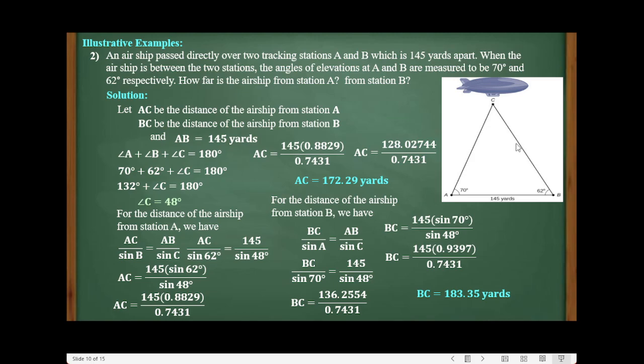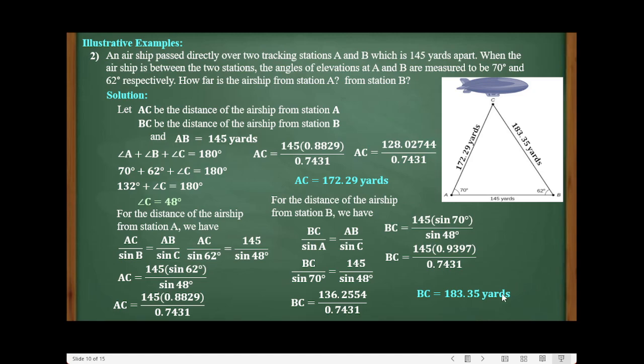Looking back at the figure, the distance of the airship from station A is 172.29 yards, while the distance of the same airship from station B is 183.35 yards.